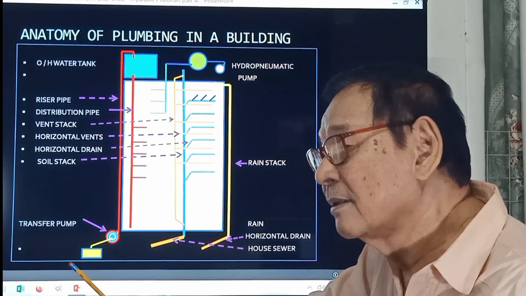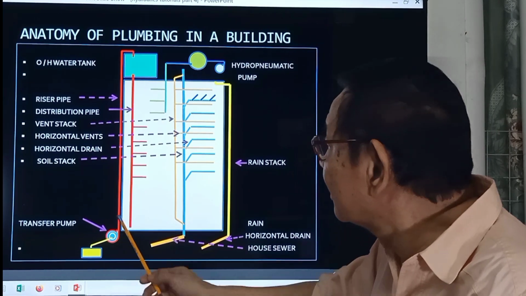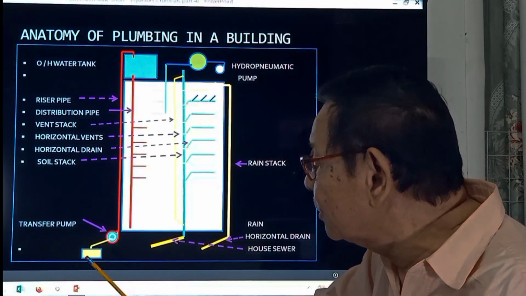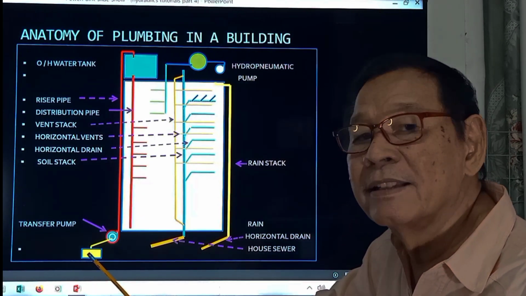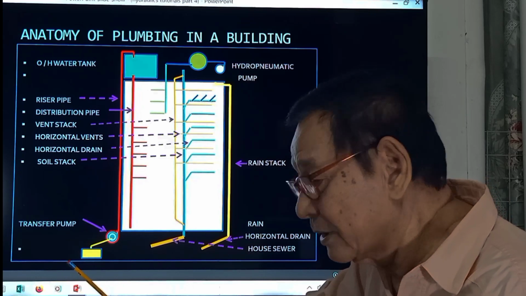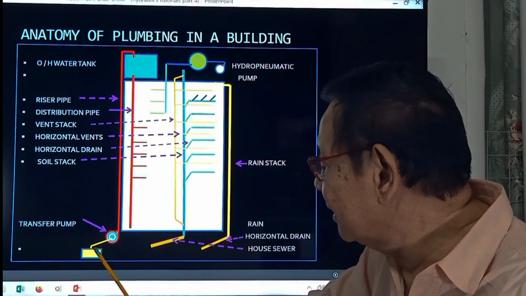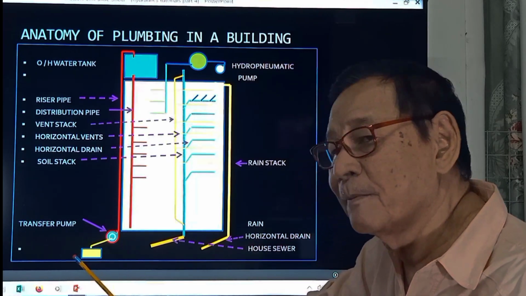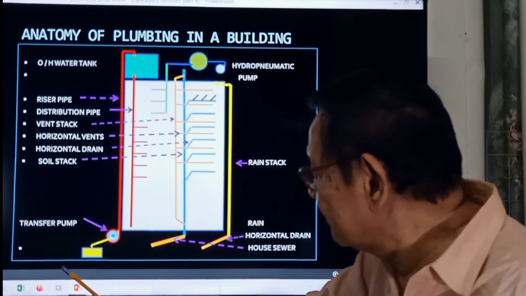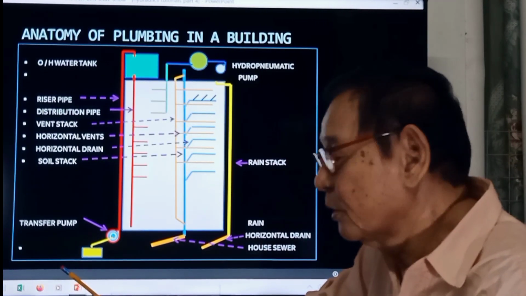Pump 1, we start, and then after filling it, when we start again, pump 2 will start, and then when we fill again, pump 3 will start. So respectively, it is in automatic operation. It should be both the same in capacity or in horsepower.